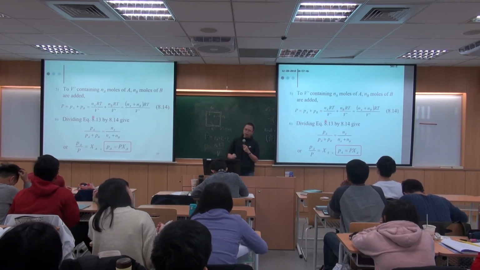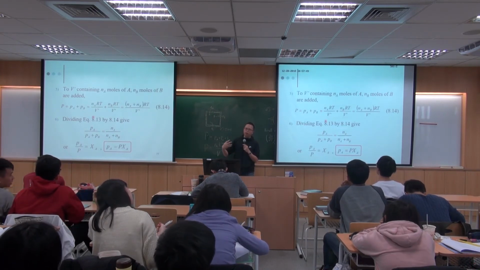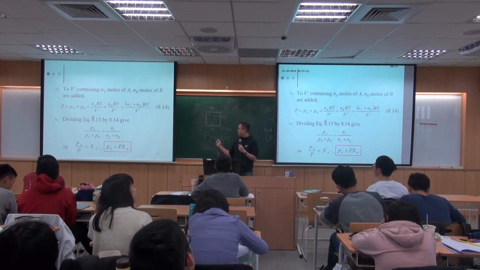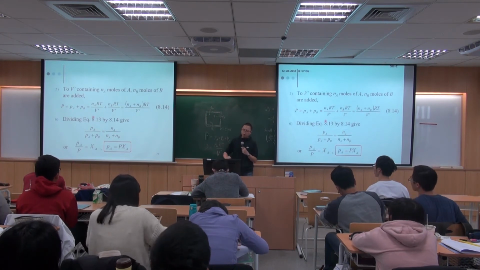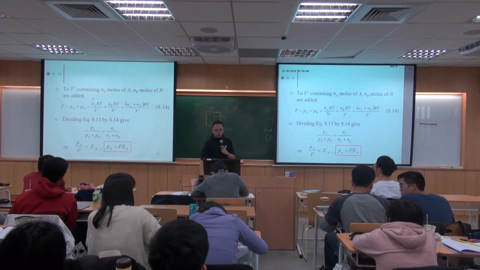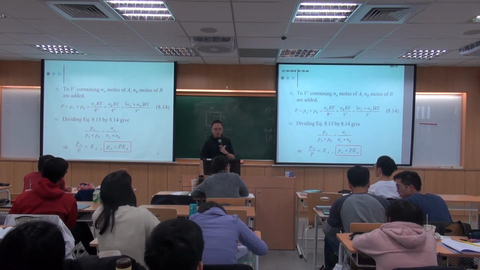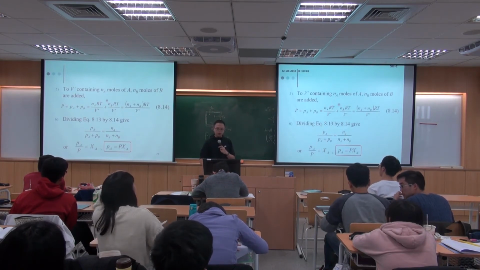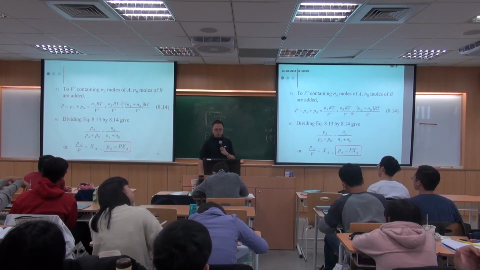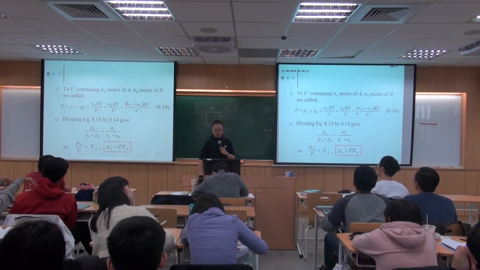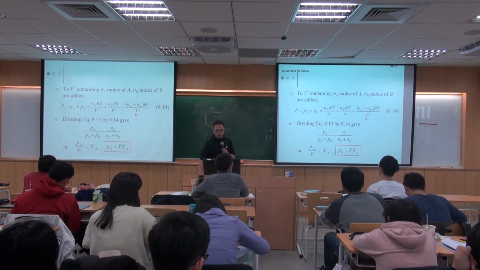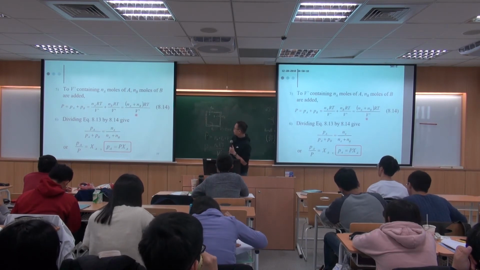Now the pressure is PA plus PB because based on the definition of partial pressure, we have a contribution from A and a contribution from B. So you have the original expression, NART over V prime, and a second term related to B, which is NBRT over V prime. If you combine these two together, you get NA plus NB times RT over V prime.